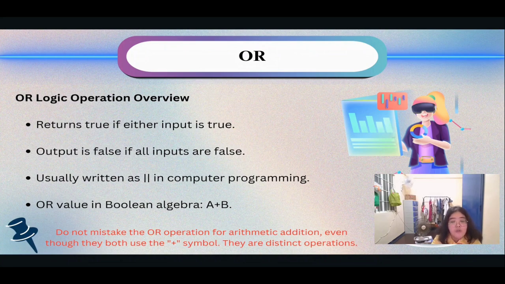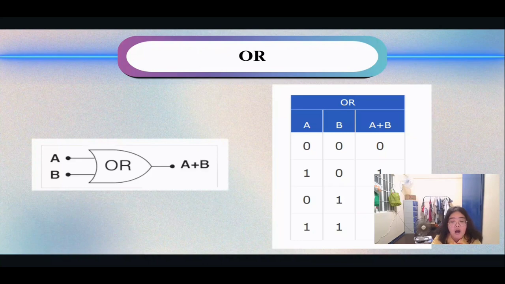Next one is the OR logic operation. It returns true if either input is true, and the output is false if all inputs are false. It's usually written as two vertical bars in computer programming, and in Boolean algebra, A plus B. So remember, do not mistake the OR operation for arithmetic addition.